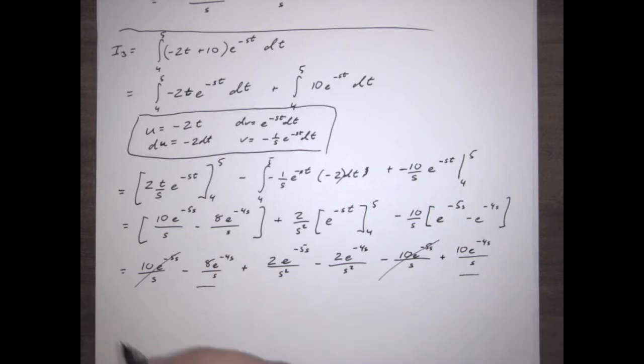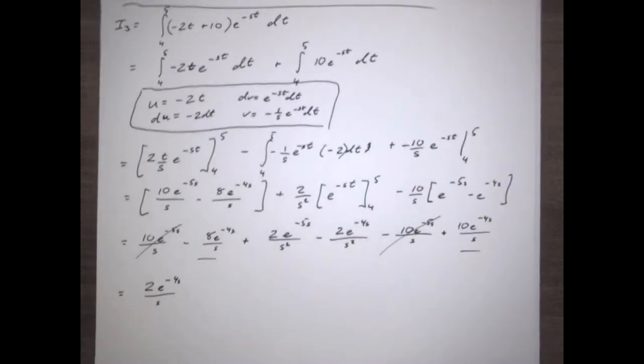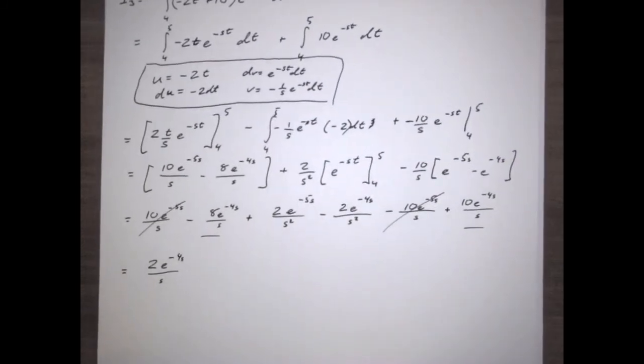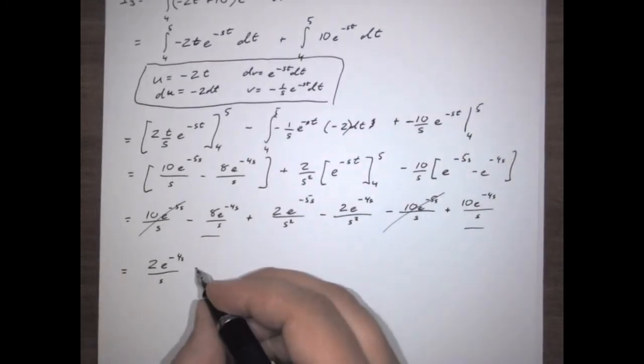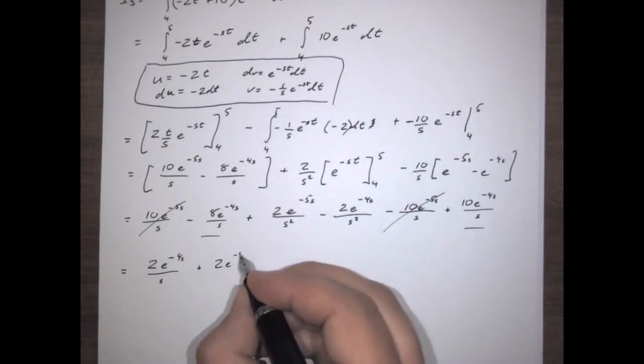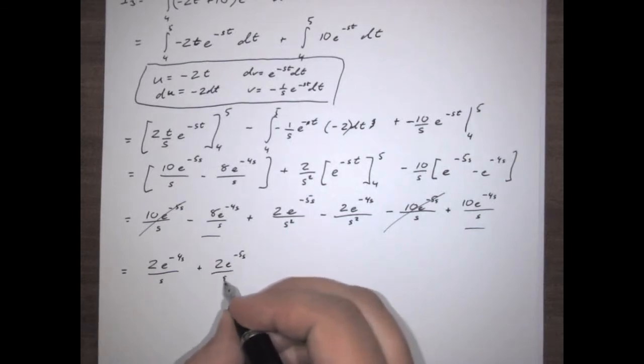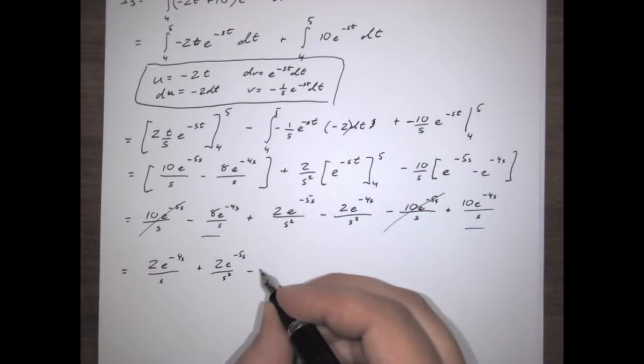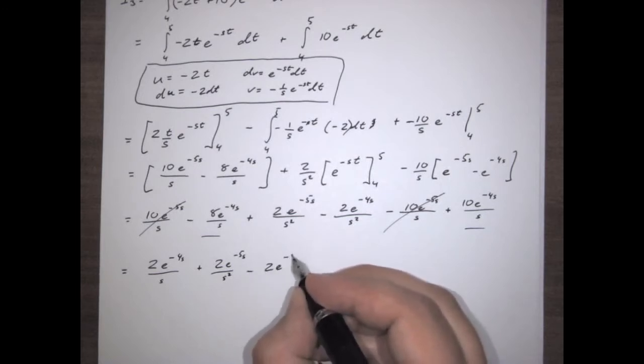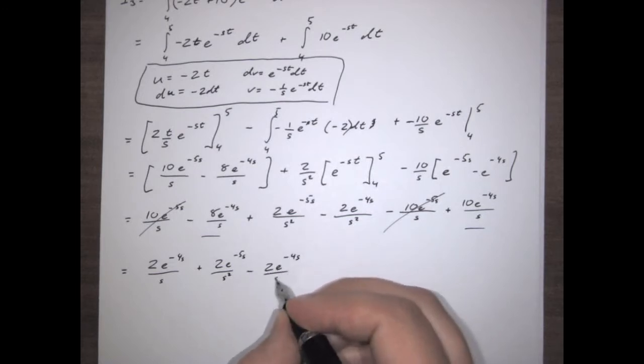And as for the other two, they'll fend for themselves. So it's going to become just 2 e to the negative 4s over s plus 2 e to the negative 5s over s squared minus 2 e to the negative 4s over s squared.